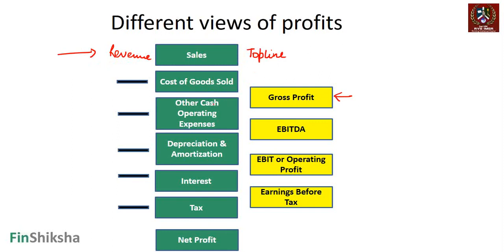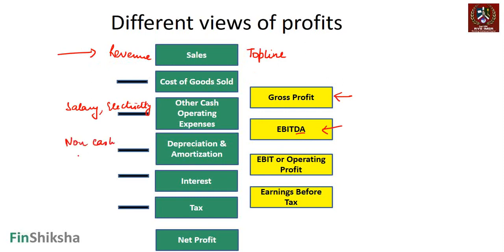From gross profit, you remove other cash operating expenses. What could these be? Salary, it could be electricity, it could be other overheads that are there. You remove all these, you get what is called as earnings before interest, tax, depreciation, and amortization. Depreciation and amortization are basically non-cash expenses.